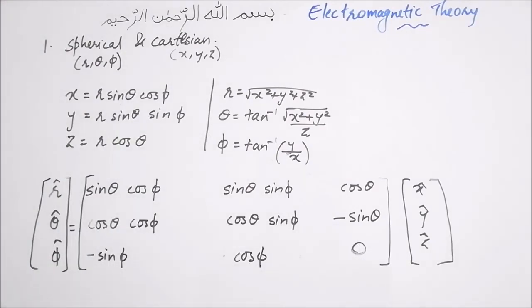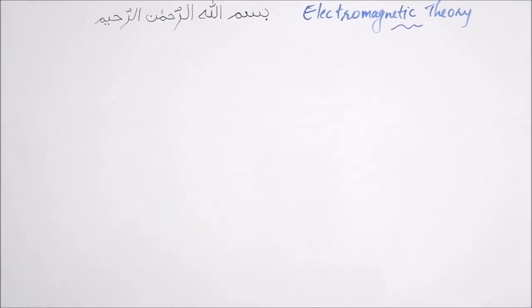So this is the linking of spherical coordinates and Cartesian coordinates and their corresponding unit vectors.